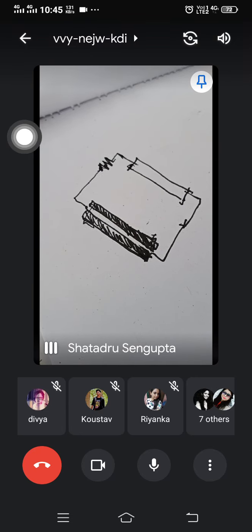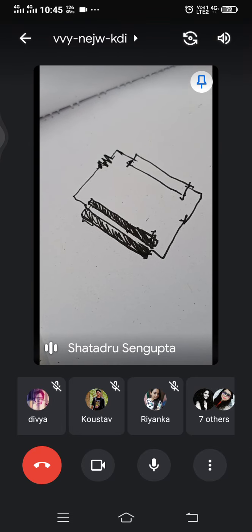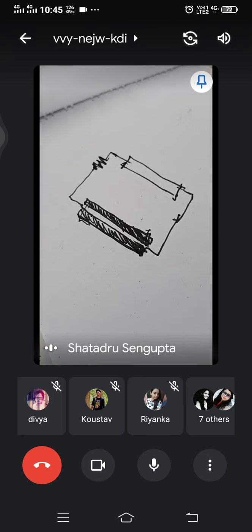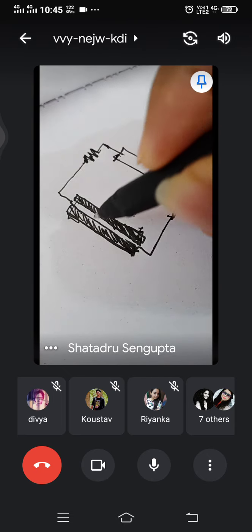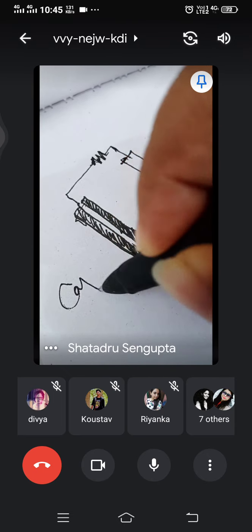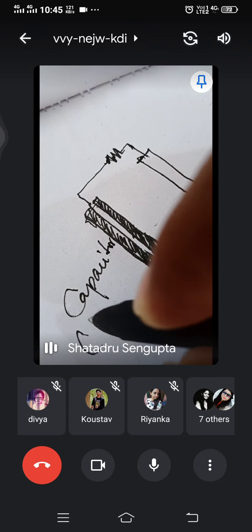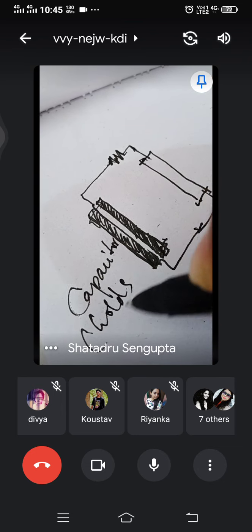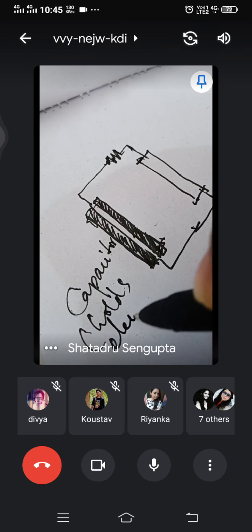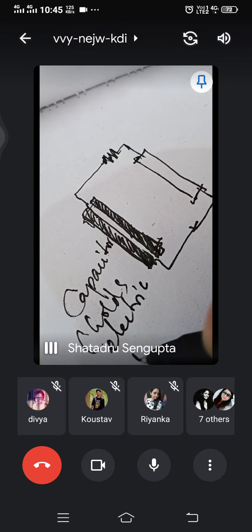This isn't exactly correct, but it more or less looks like a resistor capacitor circuit. And this is the capacitor. And as you know, what is the capacitor? It holds electric charge.